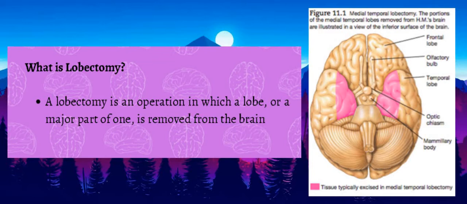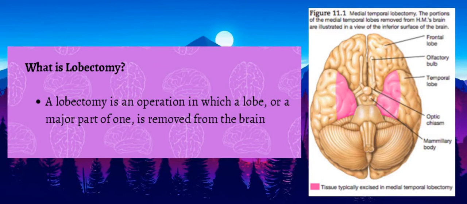Furthermore, HM entered surgery a reasonable, well-adjusted individual with normal perceptual and motor abilities and normal intelligence, and he left it in nearly the same condition. Indeed, HM's IQ increased from 104 to 118 as a result of his surgery, presumably because of the decline in the incidence of his seizures. Be that as it may, HM was the last patient to receive bilateral medial temporal lobectomy because of its devastating amnestic effects.